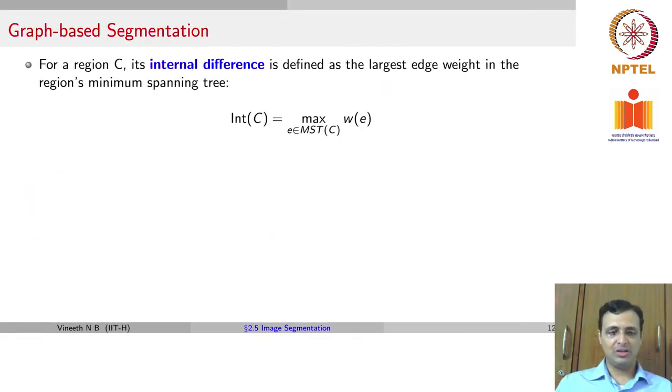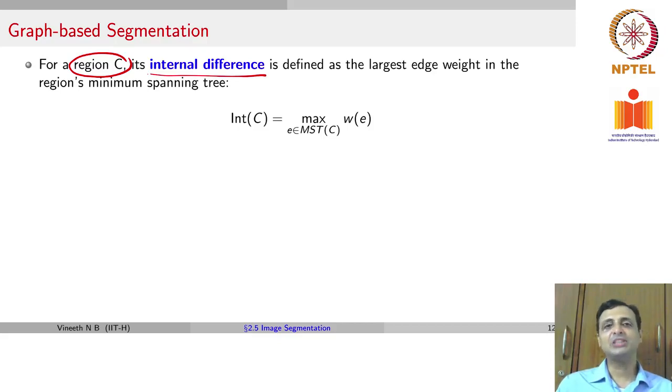Once W of E is defined, the method defines a quantity called internal difference for every region C. Initially, remember, the region C would just be a pixel, but in future iterations, a region could be a collection of pixels. The internal difference is defined as the largest edge weight in the region's minimum spanning tree, which means if you have a bunch of different pixels, you find the minimum spanning tree of the bunch of pixels that you have.